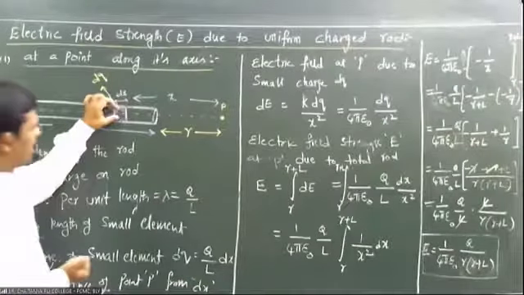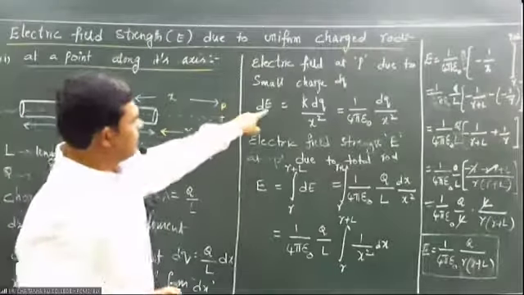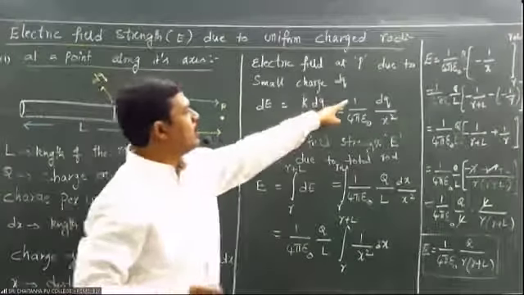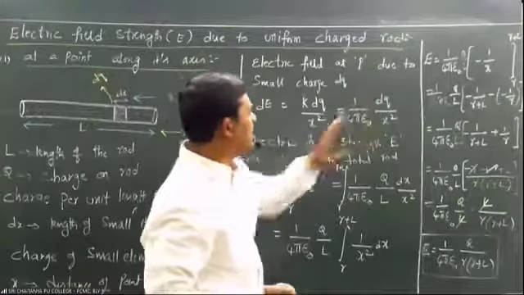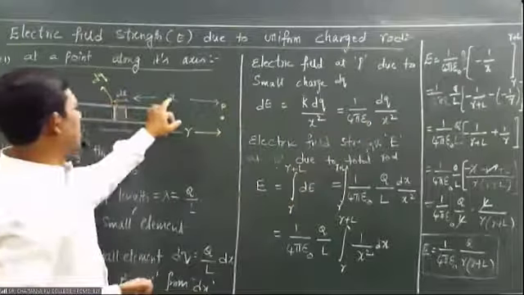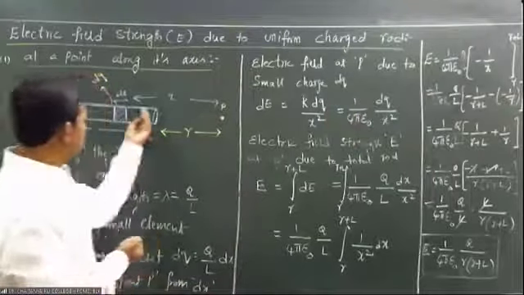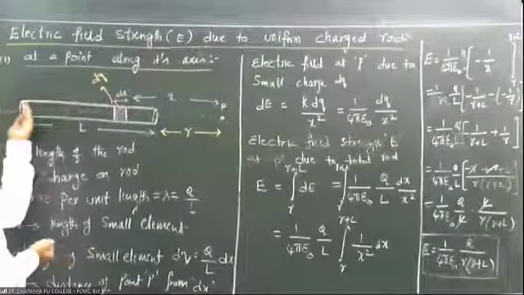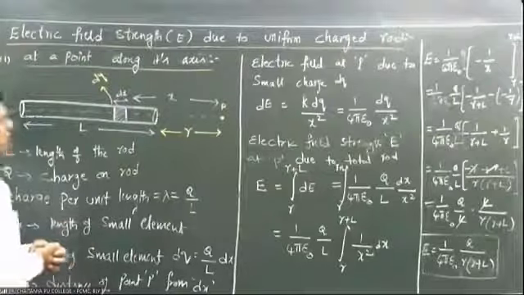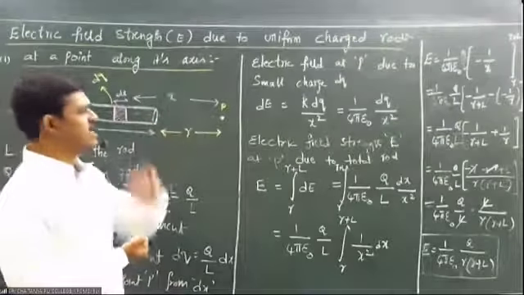Then due to this small element, what is the intensity here? dE. We know the formula 1 by 4 pi epsilon naught dq by distance square. Distance from the small element is x. We know this rod is a combination of such small elements, so each element gives some intensity here.